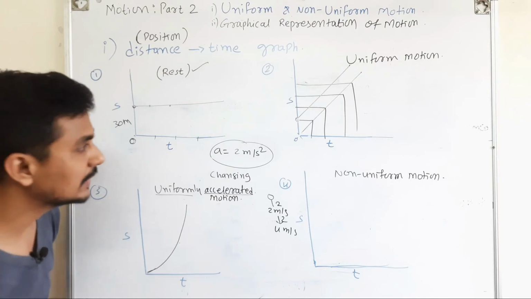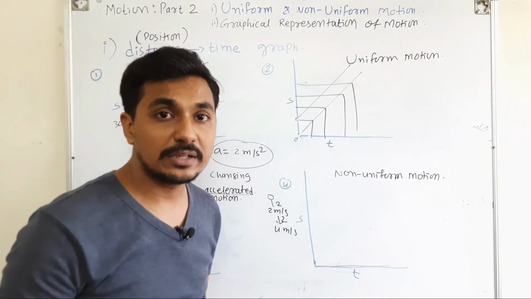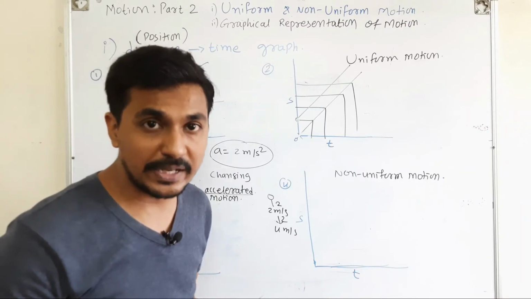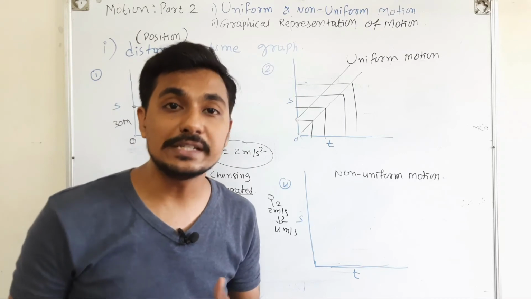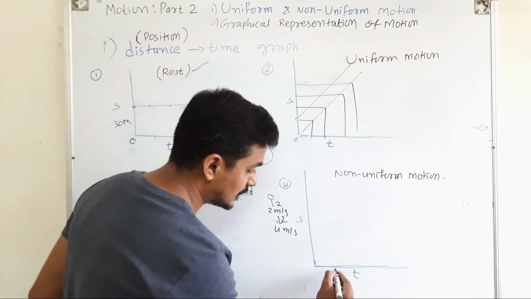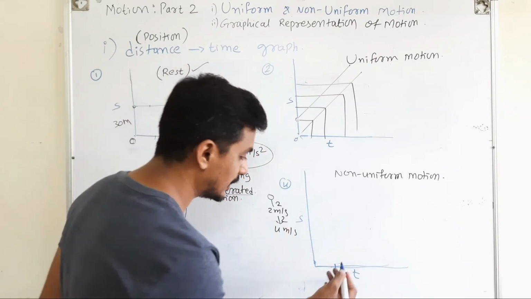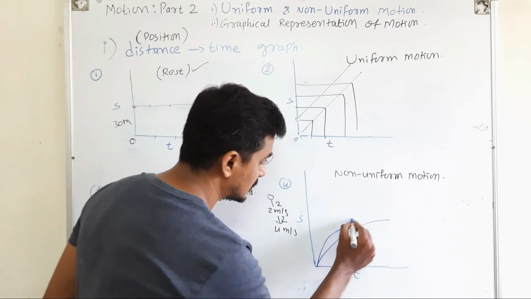Now, let us look at the graph of non-uniform motion. In non-uniform motion, the object moves at different speeds at different intervals, or we can say the object covers unequal distances in equal intervals of time. I have already explained, so I can draw the graph like this also, and like this also.